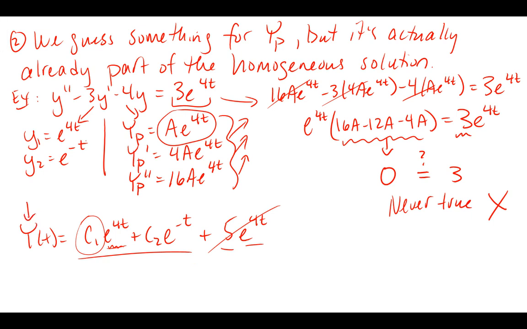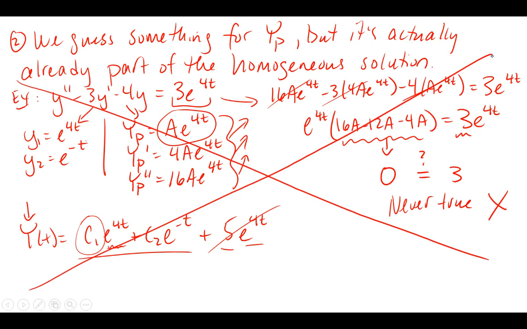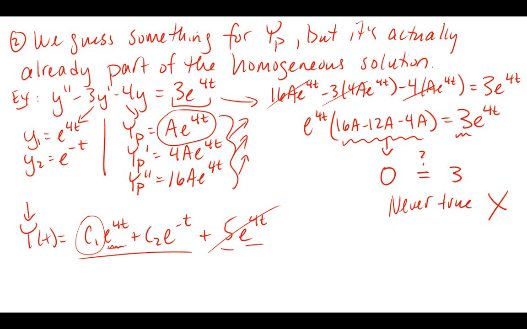Okay, so there's lots of stuff here telling us, oh no, this didn't work. I don't want to ruin this completely, so I'll erase this in a second, but yeah, that doesn't work. So this strategy doesn't work, and why doesn't it work? Let me erase my big X here. It's because the thing I was guessing, the thing that the chart said I was supposed to guess, was already part of the homogeneous solution.